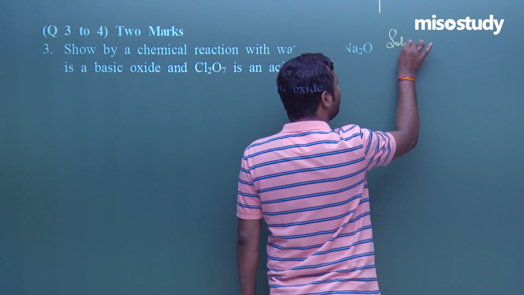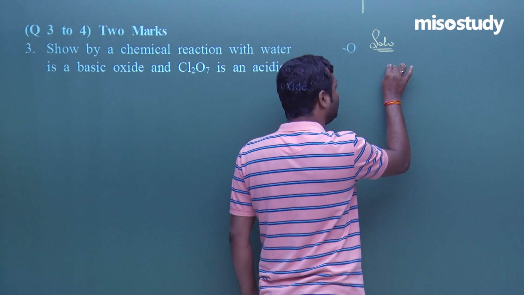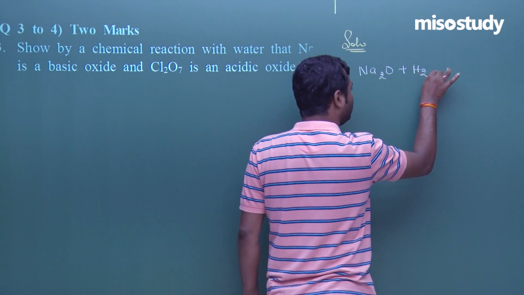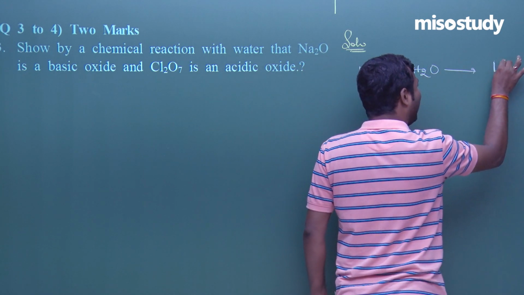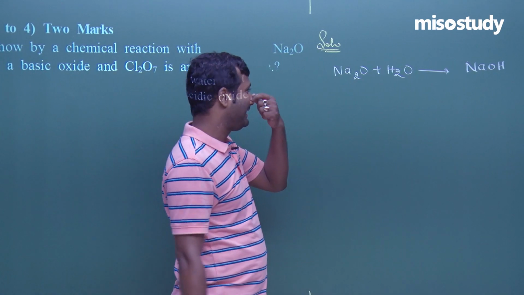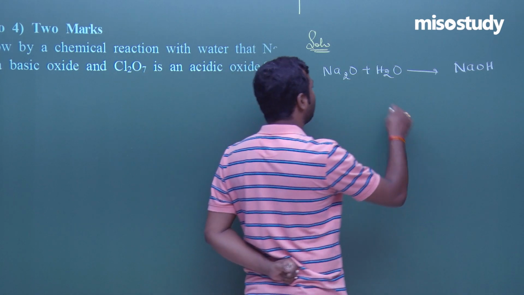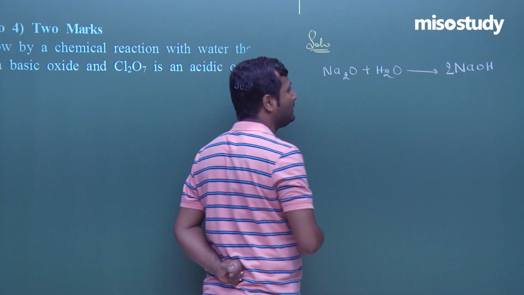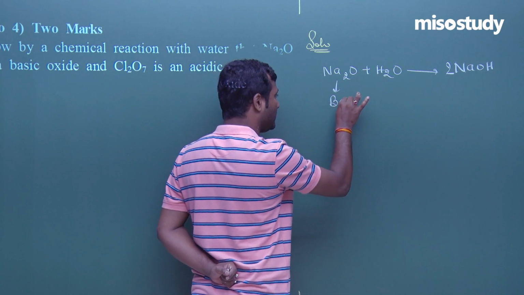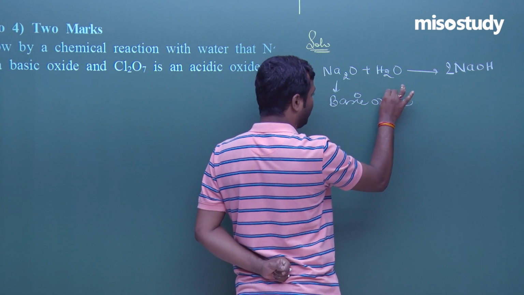As we know, when Na2O is dissolved in water, it forms NaOH. That is, it has OH ion. We balance the equation. We can say that Na2O is a basic oxide. Clear my friend?